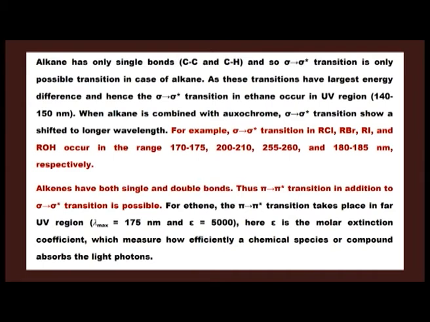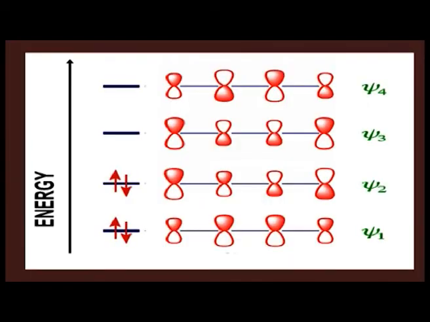Further, butadiene has conjugated double bonds and shows a pi to pi star transition in the UV region with a huge change in molar extinction coefficient, that is, epsilon becomes 21,000. The reason for the change is the stabilization of orbitals due to resonance in the conjugated double bond system, which shifts the absorption band to a longer wavelength region.